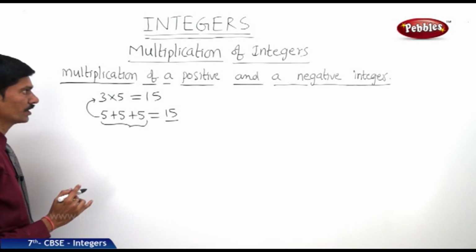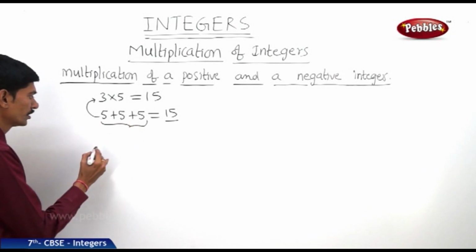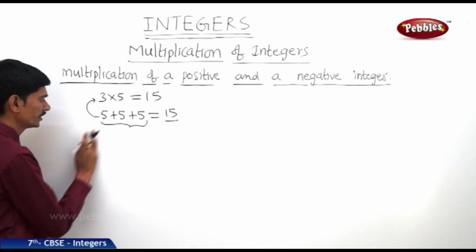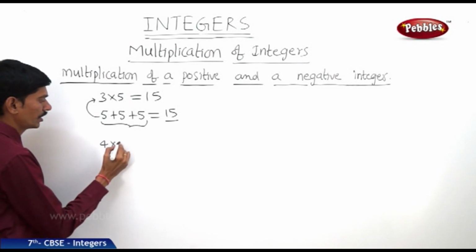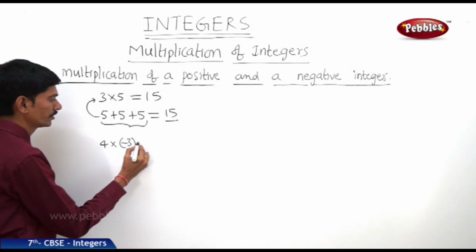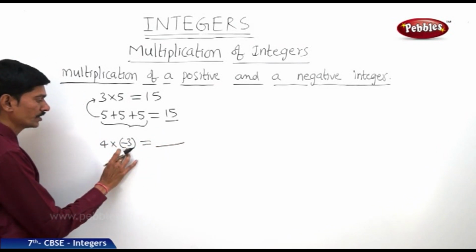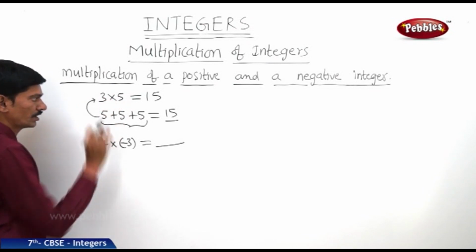So when you multiply a positive integer and a negative integer, if you multiply 4, a positive integer, and -3, a negative integer, then what will you get? Here 3 into 5 means 3 5s are added.